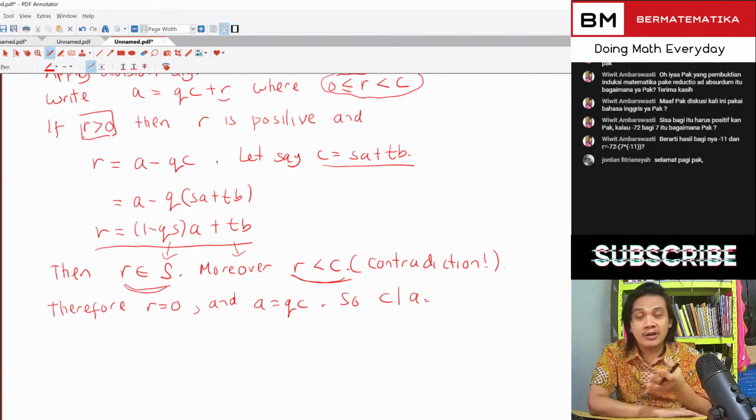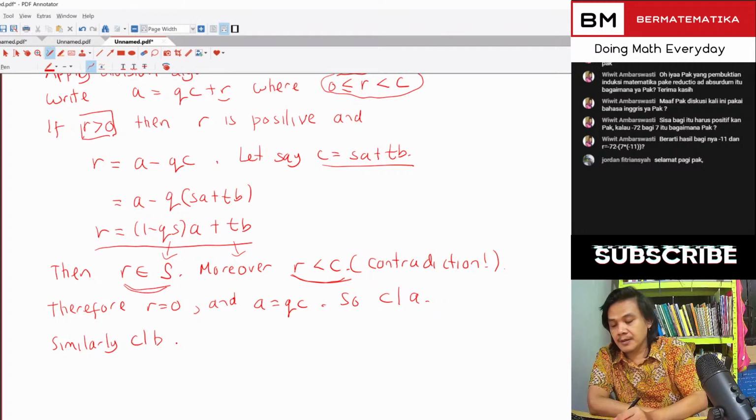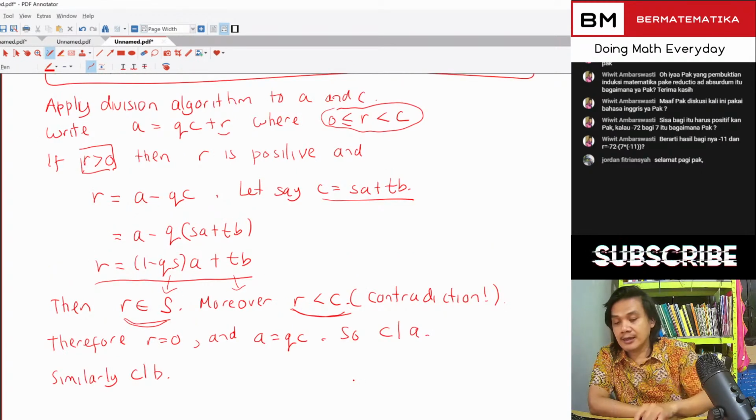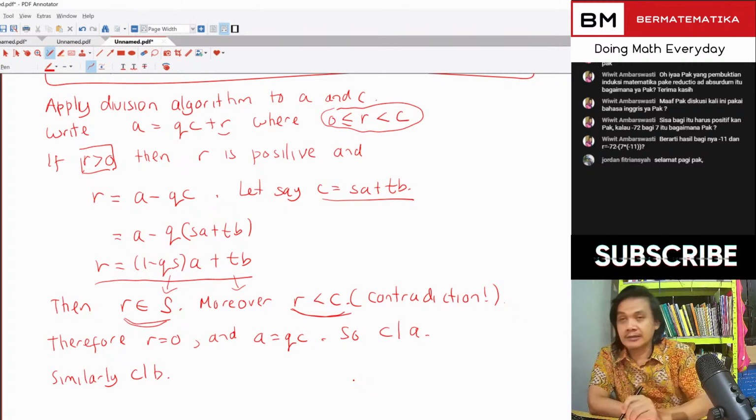And by a similar argument, and if you're not convinced yet, you can check it out by yourself, C is a factor of B. So at least we have verified that the first requirement to be a GCD is satisfied.